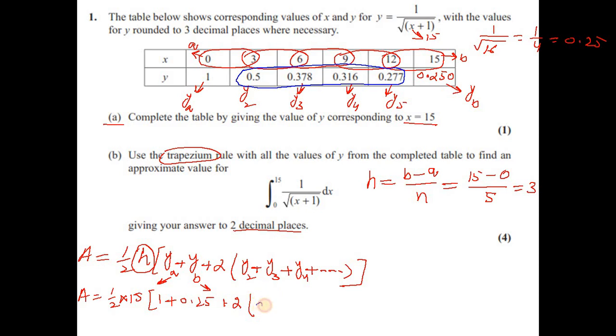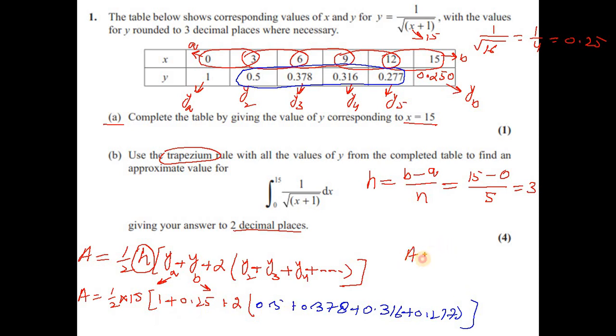So you can say 0.5 plus 0.378 plus 0.316 plus 0.277, close bracket, and this is just a simple arithmetic operation. You just add and subtract and then multiply. Finally, if you simplify these, you have your answer.